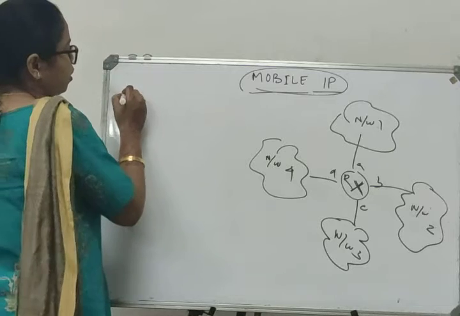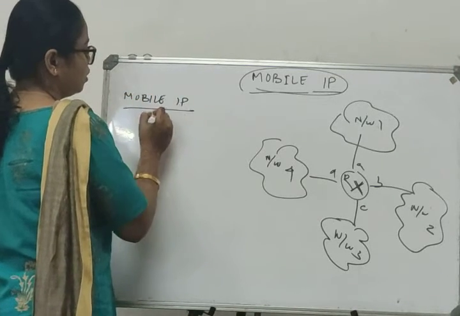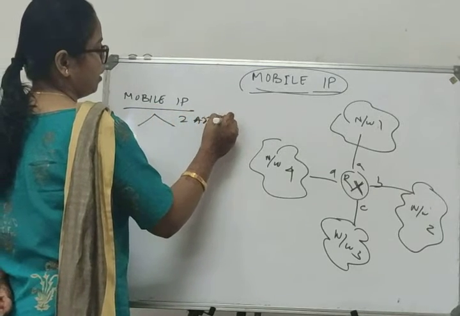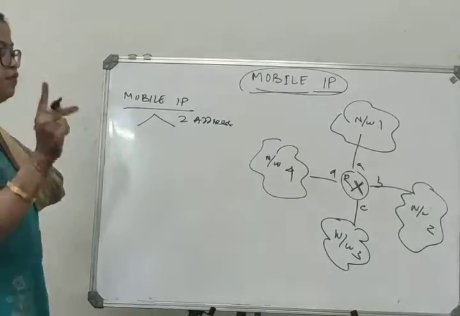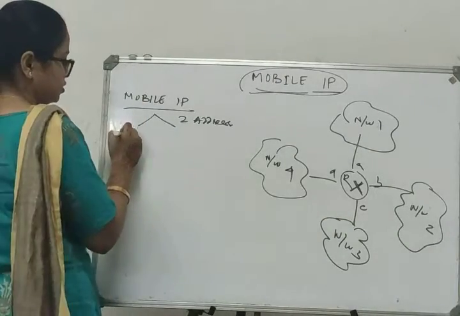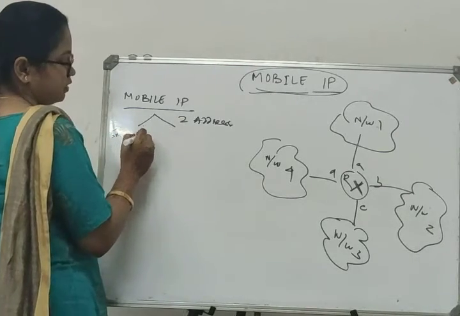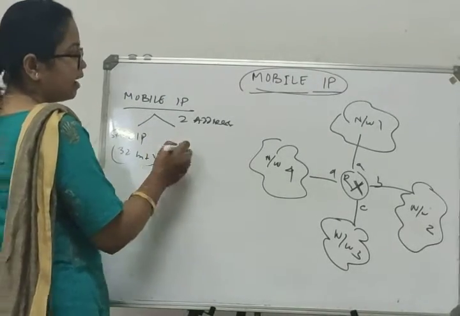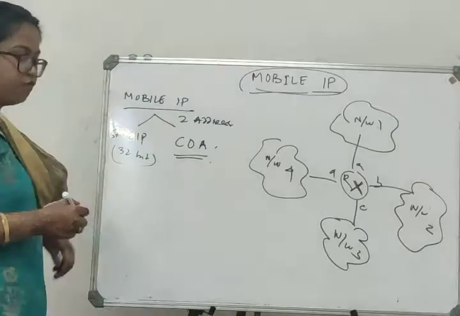Now, how does mobile IP work? Now, mobile IP has two addresses. Every device maintains, in mobile IP, two addresses. One is the static IP, that is our normal 32-bit IP address, and another one is the care of address.